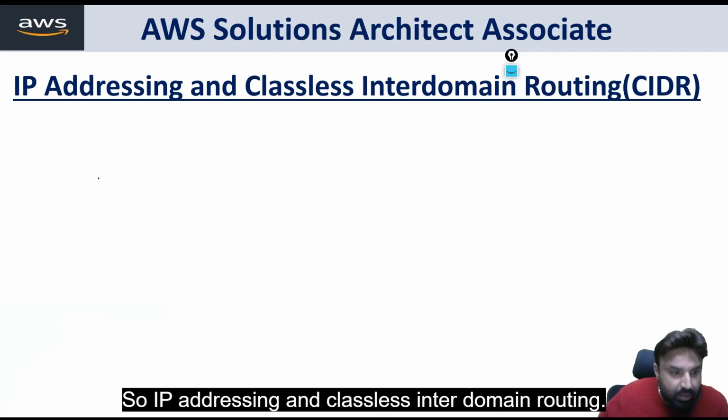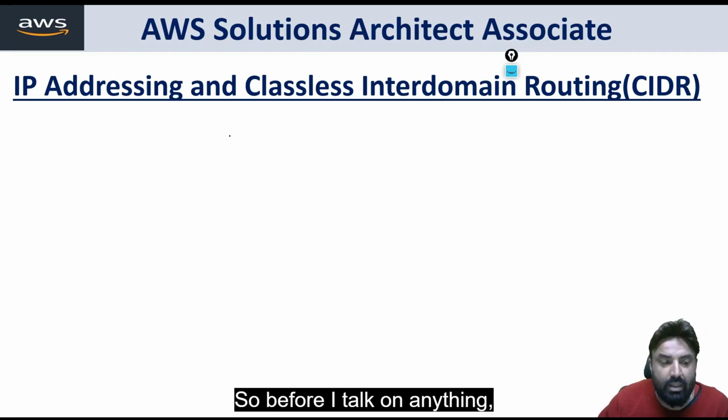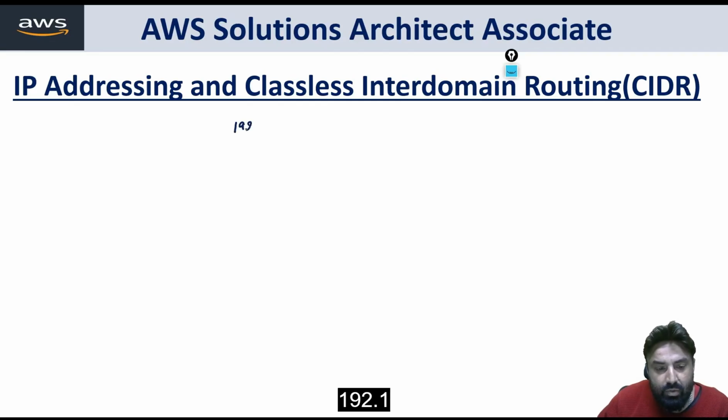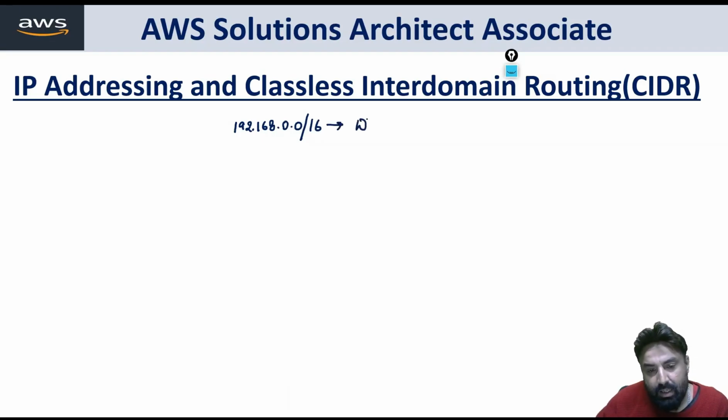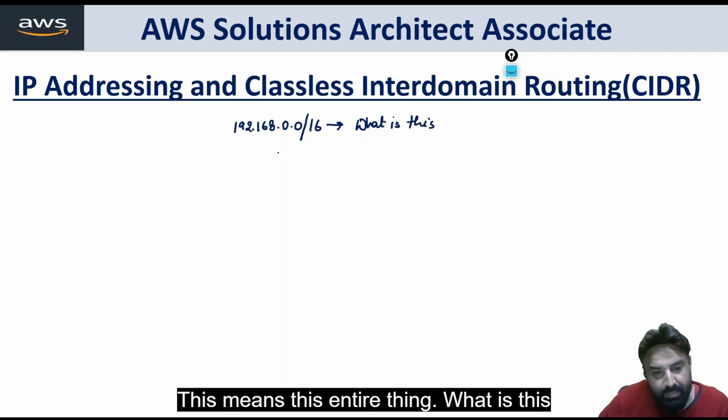Okay. So, IP addressing and classless inter-domain routing. Before I talk about anything, let me write one thing: 192.168.0.0/16. I'm asking one question to you. What is this? This means this entire thing.